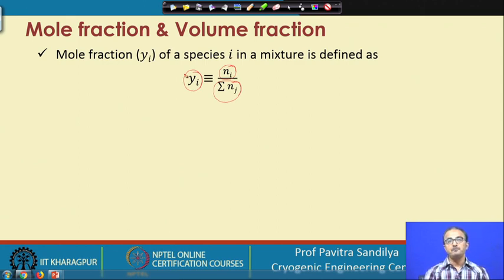In general, this Yi represents the molar fraction of a species in vapor state, and for liquid state we generally use Xi, but here we are just sticking to Yi for definition of the mole fraction.